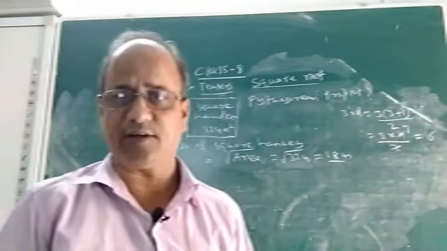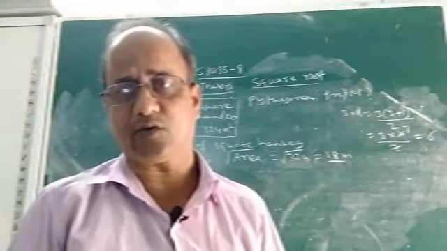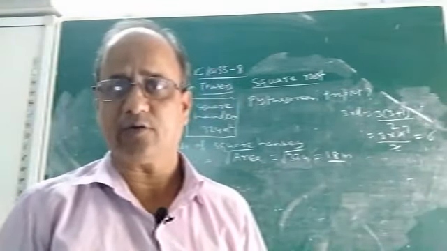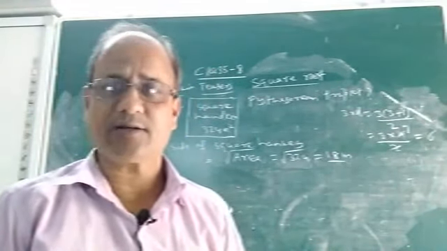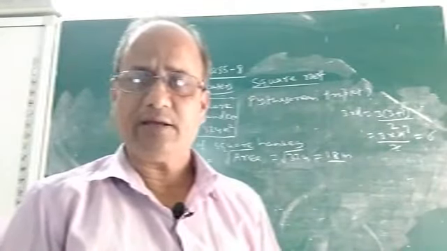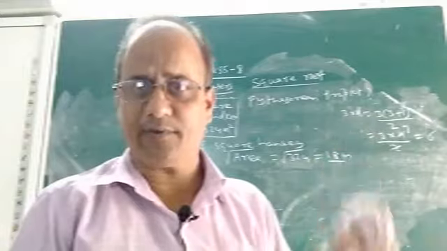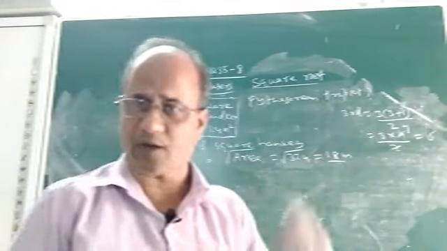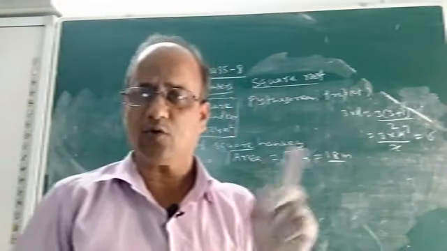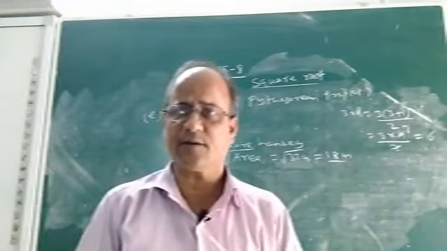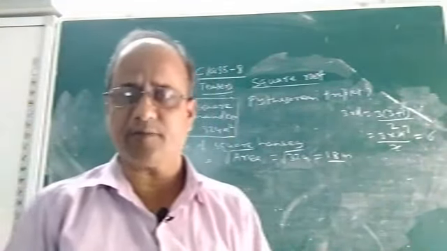We will discuss everything in detail, how to solve them quickly, in the next class. Today in this class I discussed number 1, A and B of the brain teaser part of the square root chapter. We will discuss more questions about this chapter in the upcoming class.